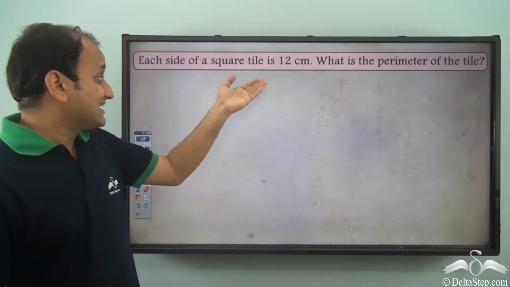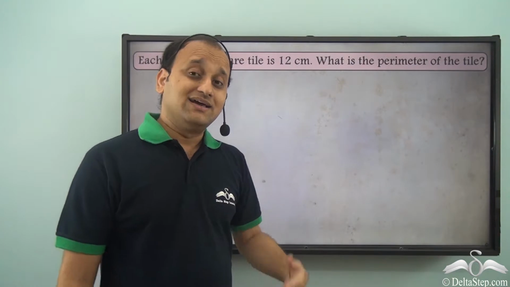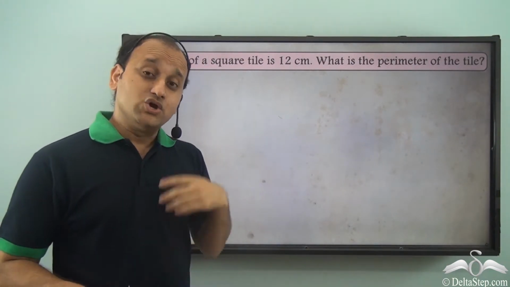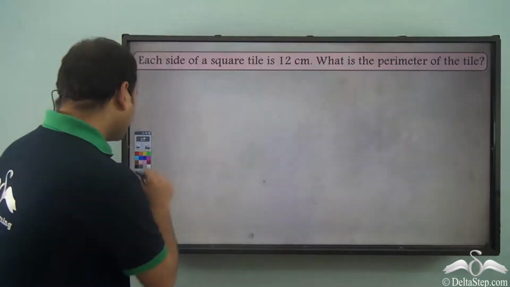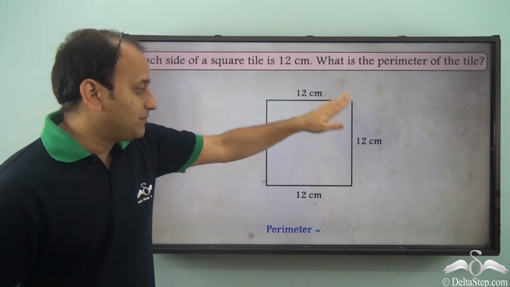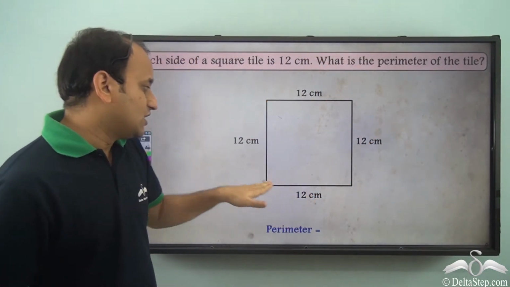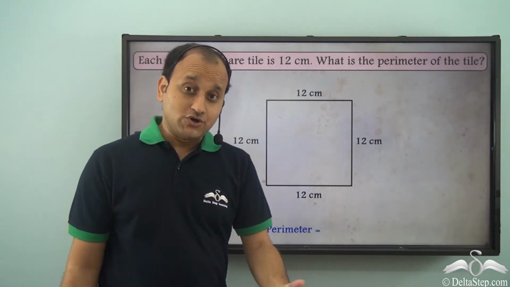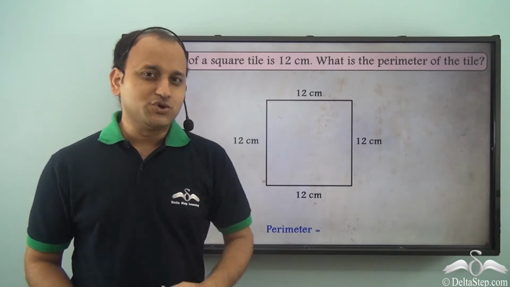So in this case, we have a square tile of 12 centimeter side. Now since it is square, all the sides will be of 12 centimeter, isn't it? So basically we need to find the perimeter of this particular square whose each side is 12 centimeter long. So what will be the perimeter of this particular square? What do you think?